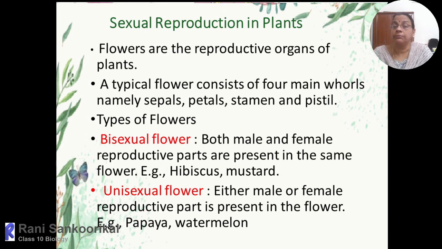So in some species, the plant will produce male flowers, and sometimes they produce female flowers. Sometimes the same plant itself will produce both male flowers and female flowers. A typical example is papaya. In papaya, there is male papaya and female papaya.